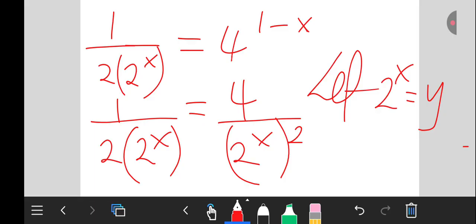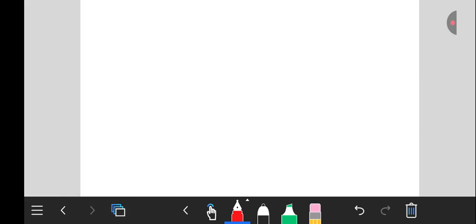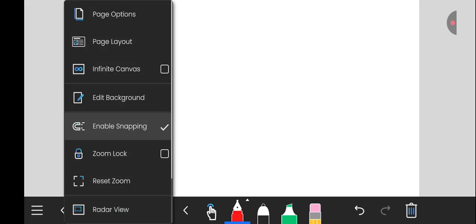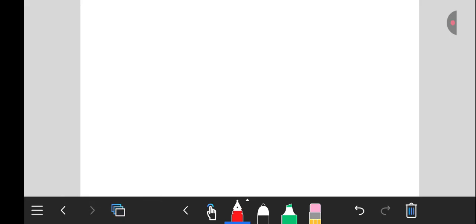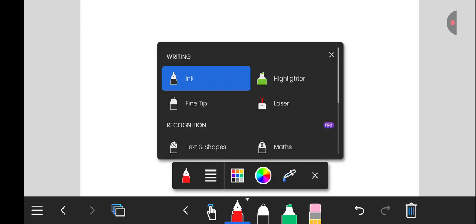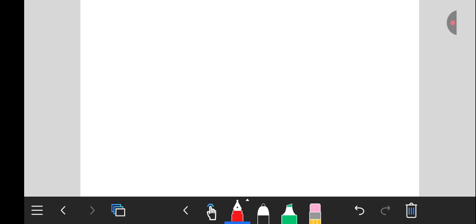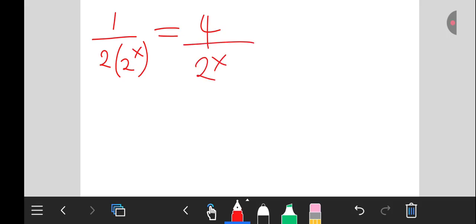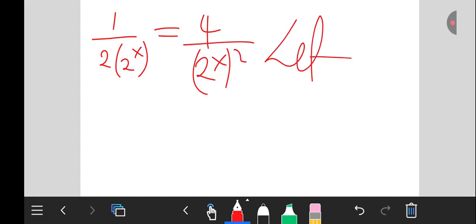Alright, so let's have a new slide. Okay, so if we have 2 to the power x is equal to 4 over 2 to the power x squared, then we said we had to let 2 to the power x be equal to y.